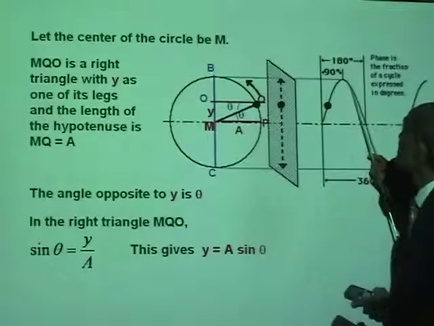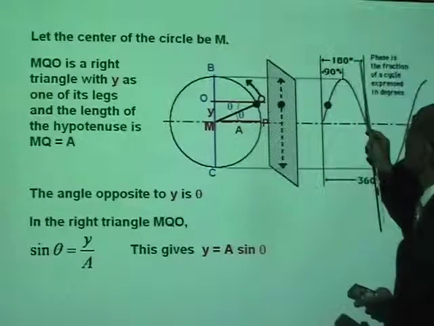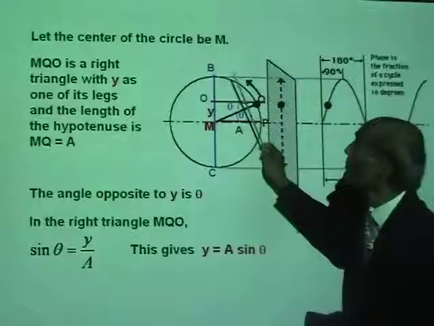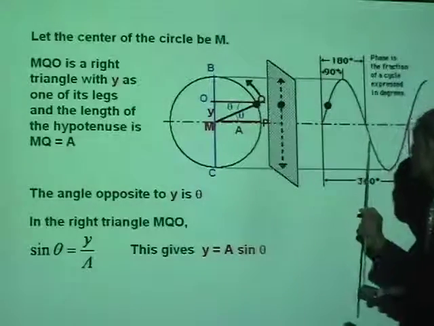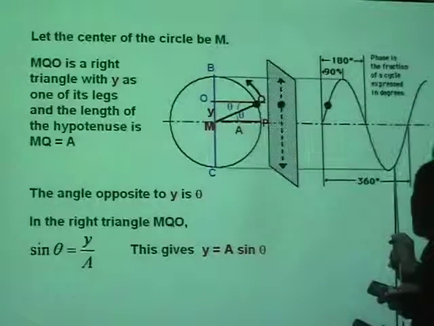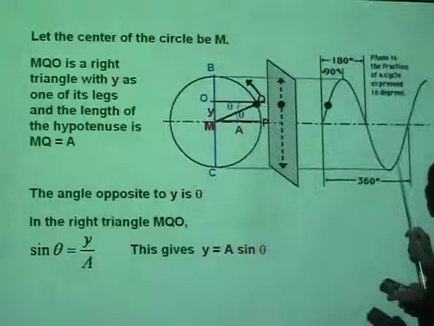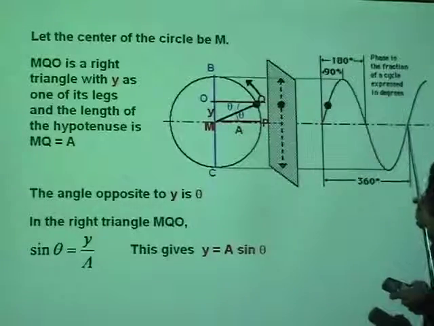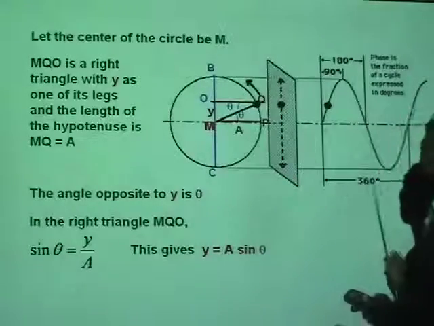And the displacement decreases to 0 when the angle is 180 degrees or pi radians. And the displacement decreases to negative A when the angle is 270 degrees, and the displacement increases to 0 when the angle is 2 pi or 360 degrees.